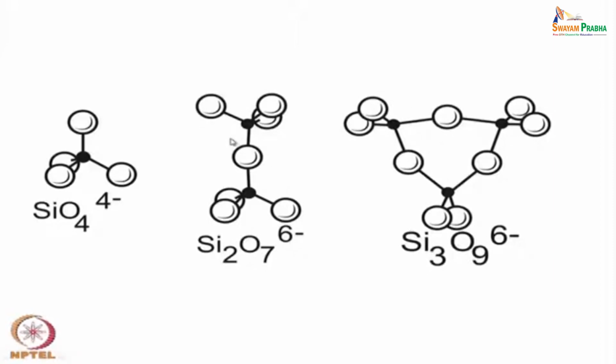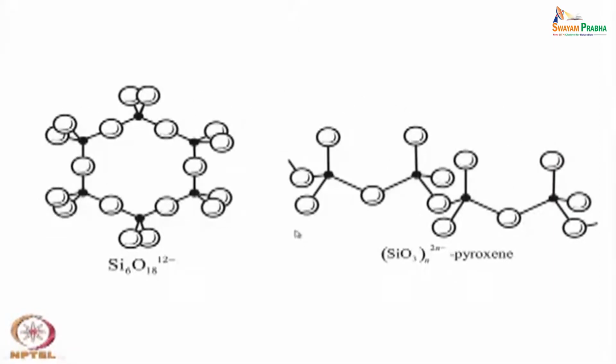We have seen that. So, only one bridging oxygen, but this can be extended further. Instead of 2 you can have 3, 4 and go on, it can go on endlessly, just like a polymer chain. So, it is a kind of inorganic polymer chain as if.